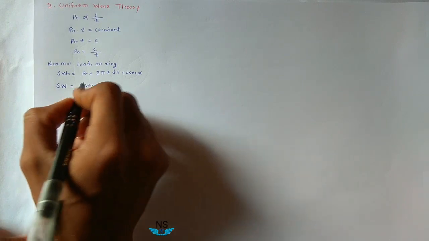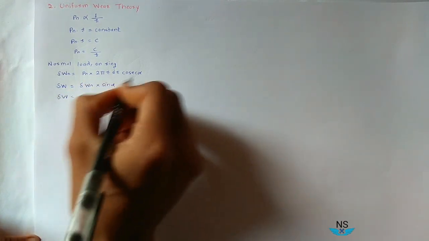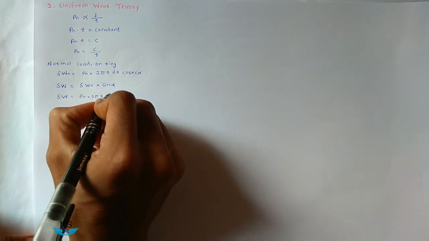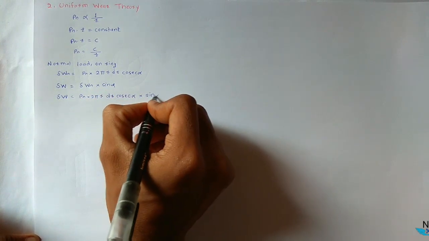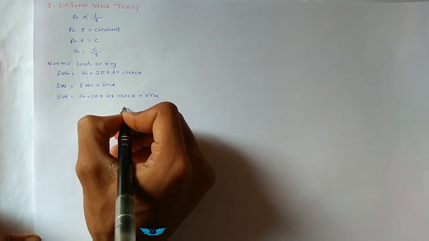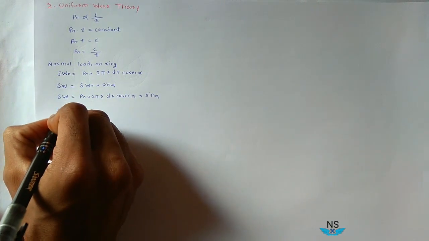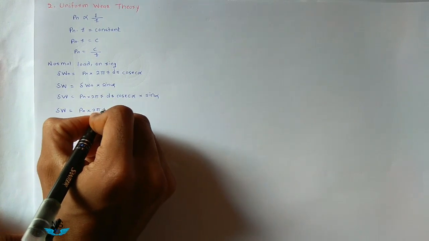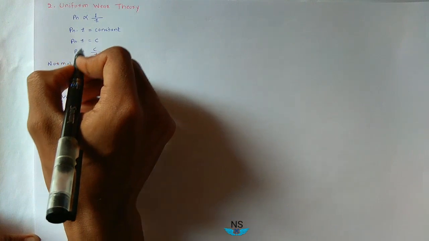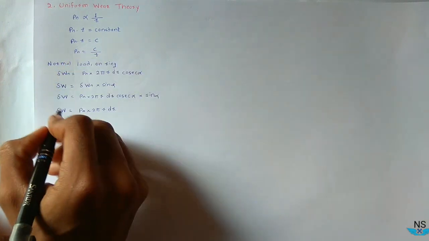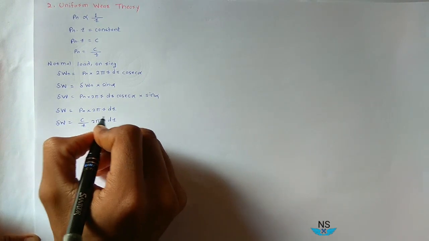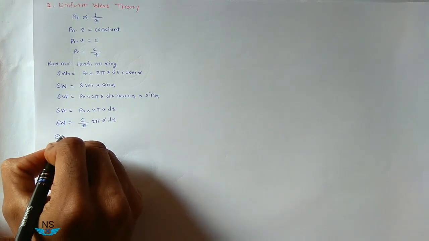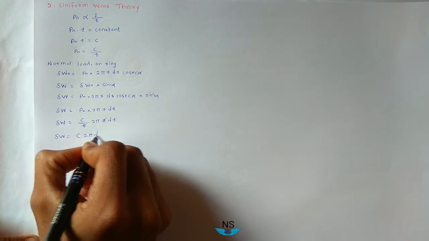Putting this value, cosec alpha is nothing but 1 upon sin alpha, so sin alpha gets cancelled, and delta W is equal to Pn into 2 pi r dr. Now put the value of Pn, which is C divided by R. So delta W is equal to C divided by R, 2 pi r dr. Now this R gets cancelled, so delta W is equal to C into 2 pi dr.